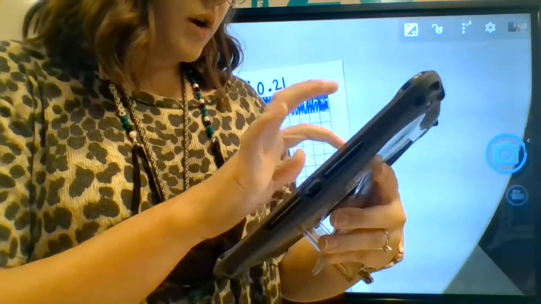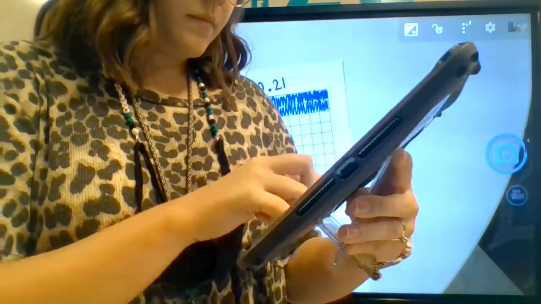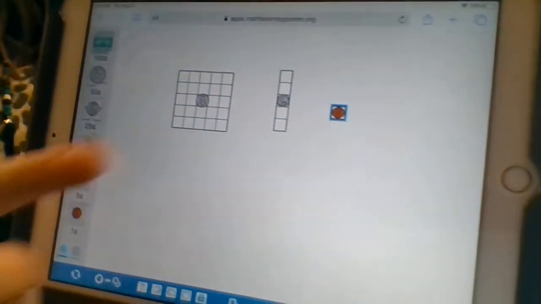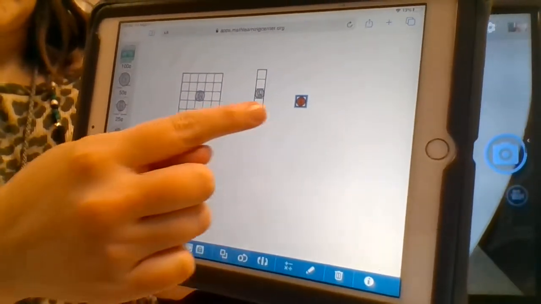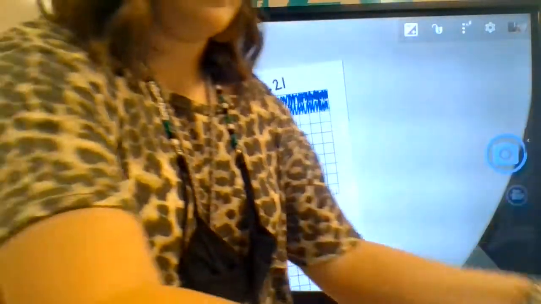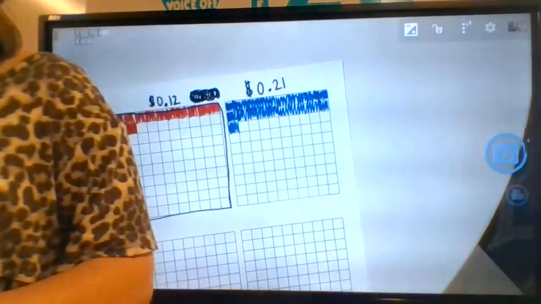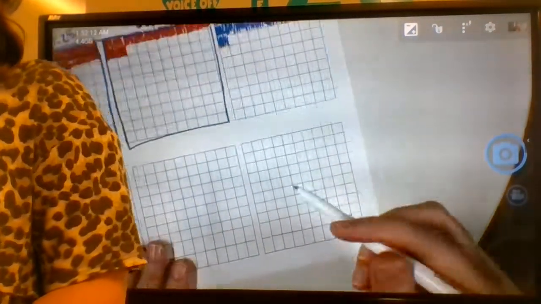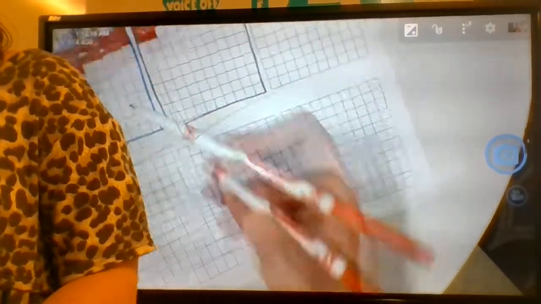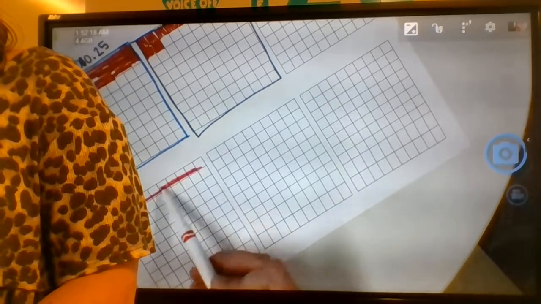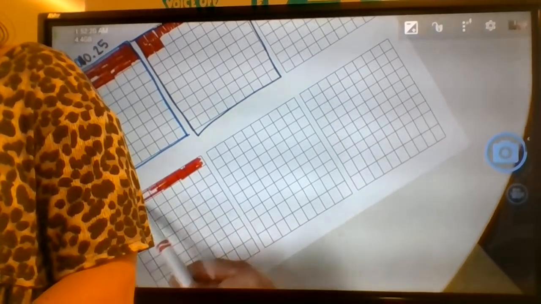Okay, let's do a quarter, a nickel, and a penny. So 25 cents, 5 cents, and 1 cent. So I've got to color in 25 squares. Y'all ready? Okay. We know that one of these rows is 10. So let's make it easy on ourselves.